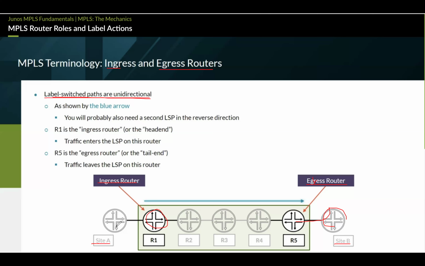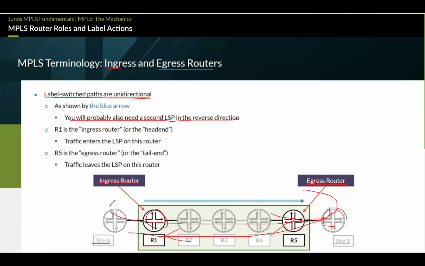If you're considering from site A, router 1 is the ingress router. If you're considering from site B, router 5 will be the ingress router. You will probably also need a second LSP in the reverse direction. Like static routing, you are just giving the forwarding route; you have to maintain the reverse route.